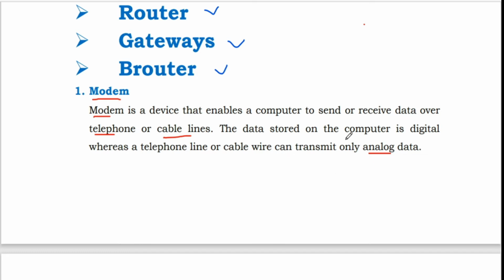So you understand that a modem acts as an intermediate device which communicates between two different types of electronic components. One component is your computer and another is your telephone. Your computer understands digital information, whereas the telephone uses analog data.